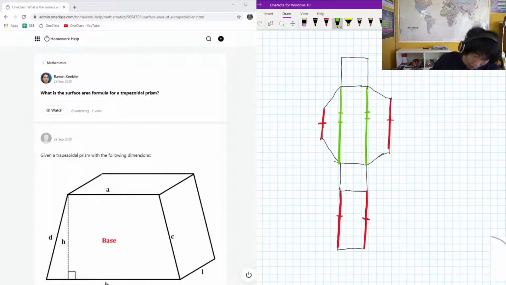And if I switch to my blue pen, these blue lines are going to be the same as these blue lines. And these purple lines will be the same as these purple lines.